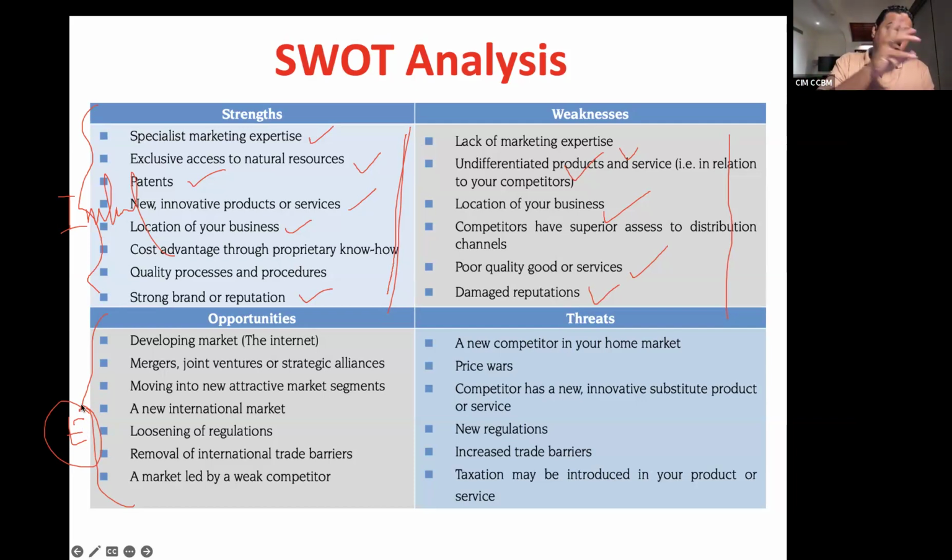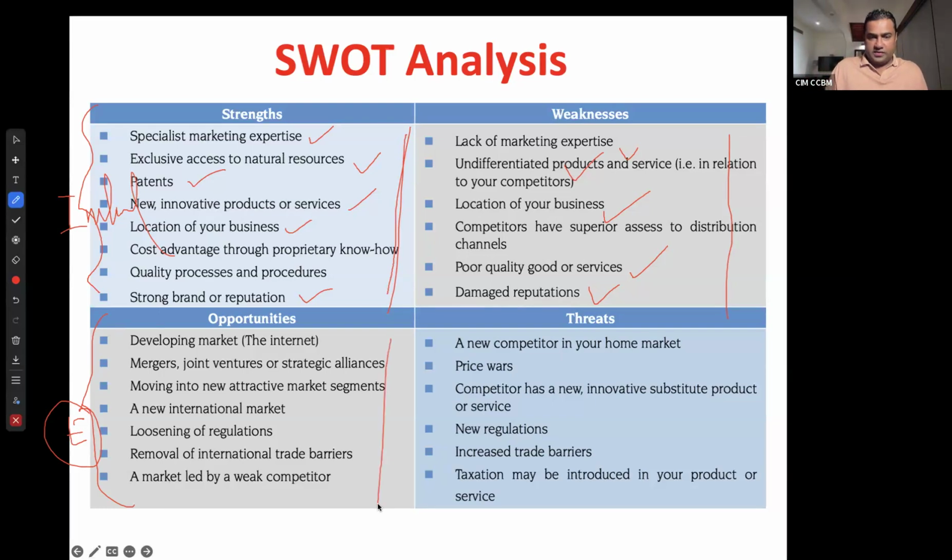And every company will have opportunities as well. What are my opportunities? Can I go international? Can I launch new products? Can I launch certain types of promotions? So many kinds of opportunities. And what are my threats? Price wars, new laws, taxation, right?